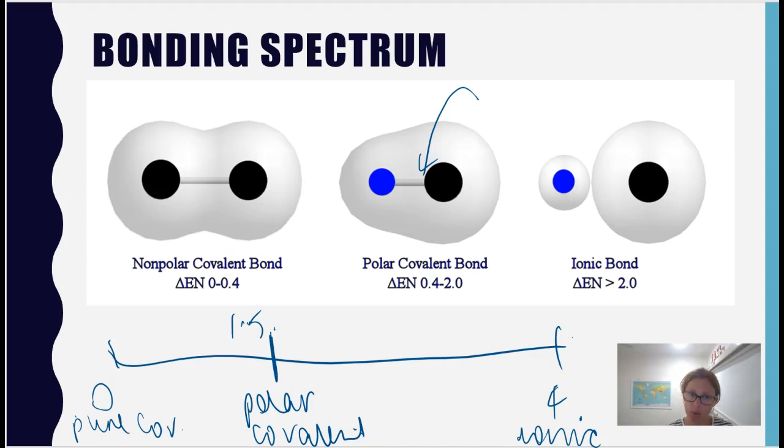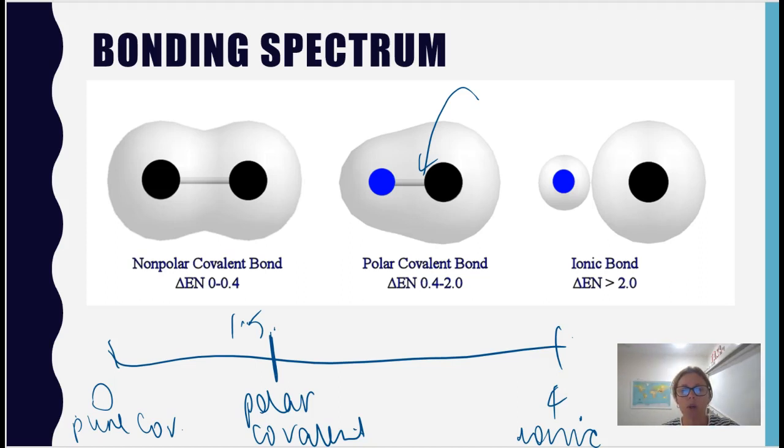With our non-polar covalent bond, it is an even sharing, as we spoke about before with chlorine, 3.16 minus 3.16 giving a 0. No one has a greater affinity for the electrons. They both have the same pull, so that they share them equally.